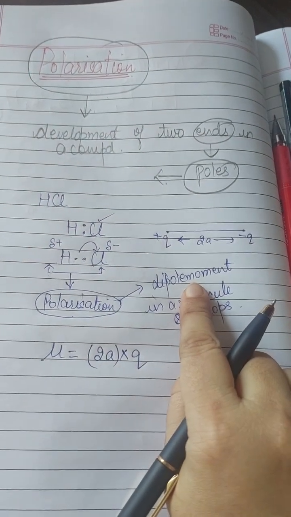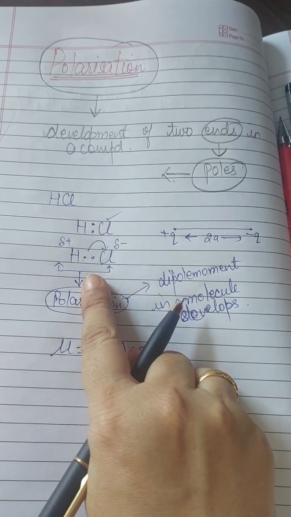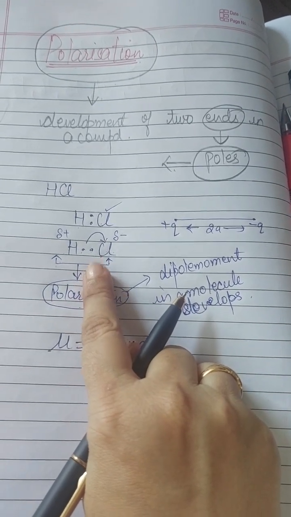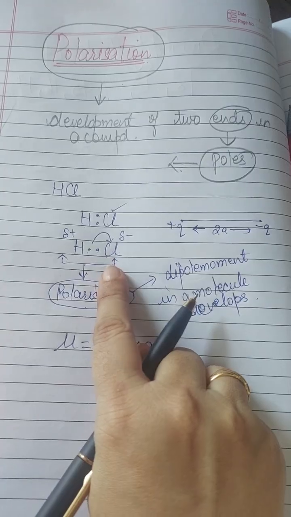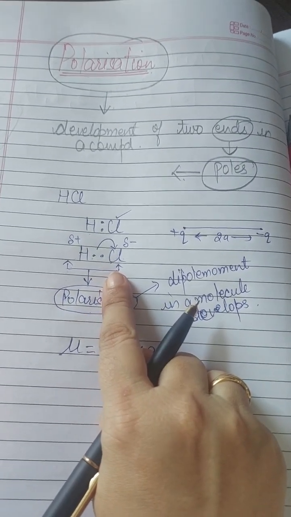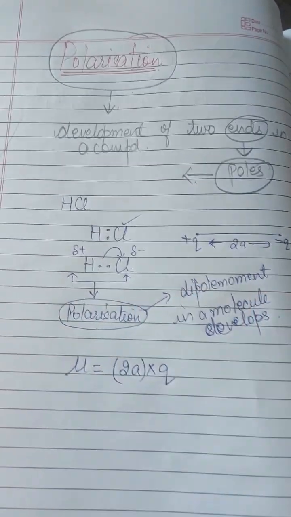So after developing dipole moment, the compound reacting with another compound tries to lose its part. Now, what do you mean by tries to lose its part? During teaching the topic of electronegativity, I had told you that during organic reactions or any other chemical reactions, the most electronegative part tries to go towards the most electropositive part.